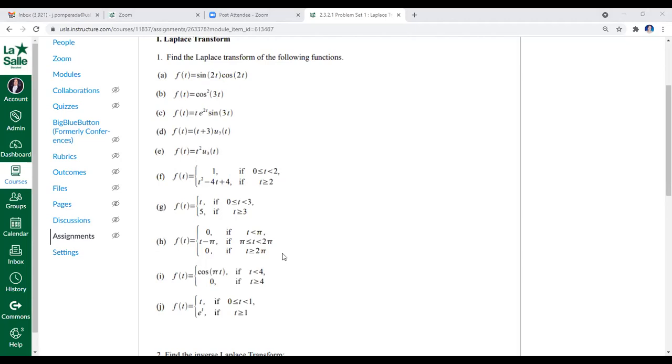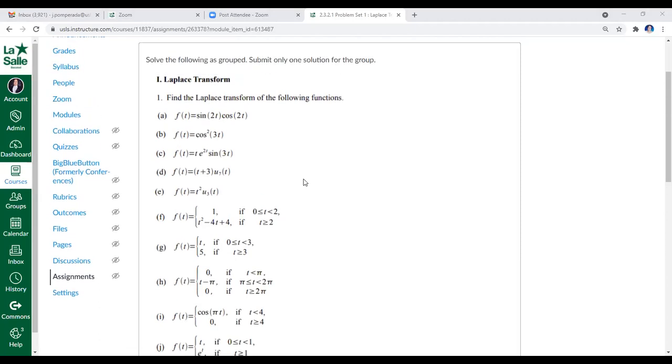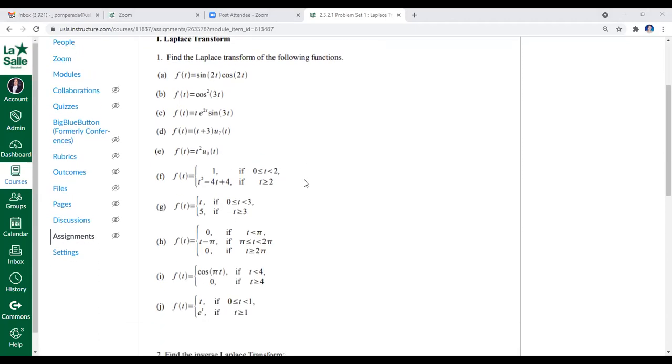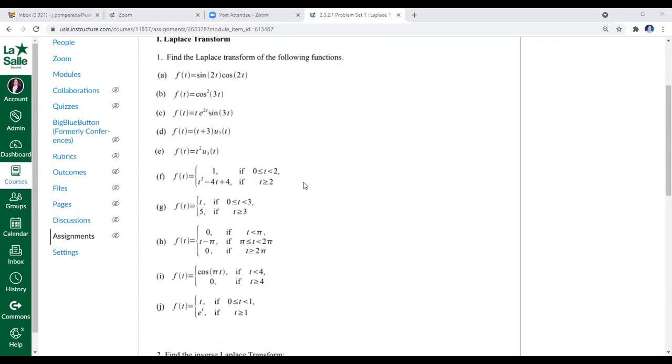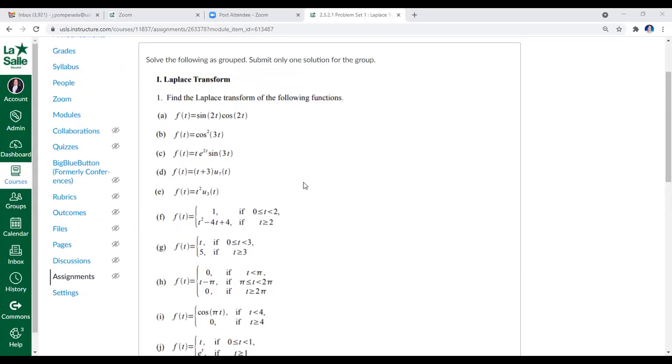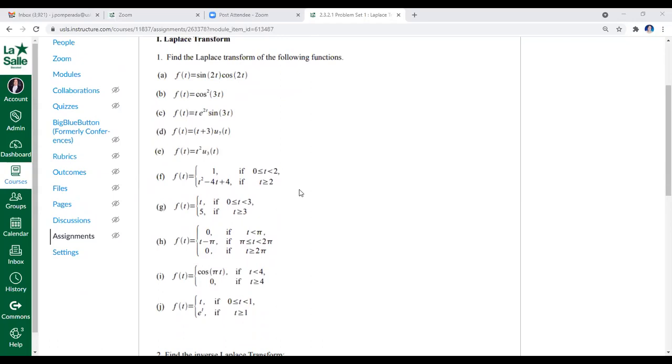Did you check this as suggested to you? Which part, or all of you know what to do or how to go about answering the 10 items here in part 1?